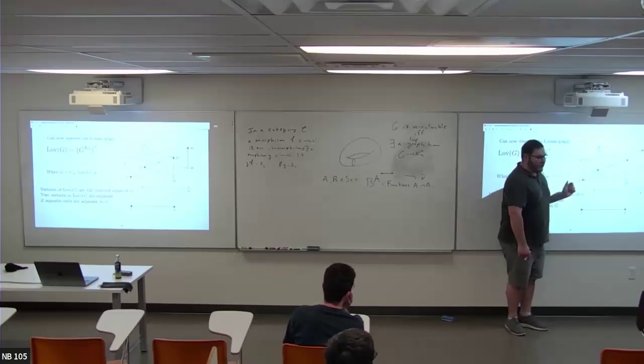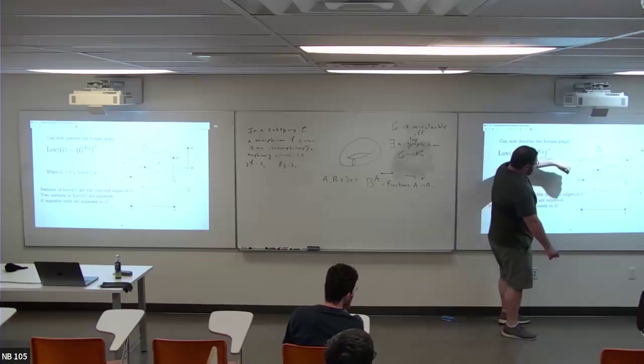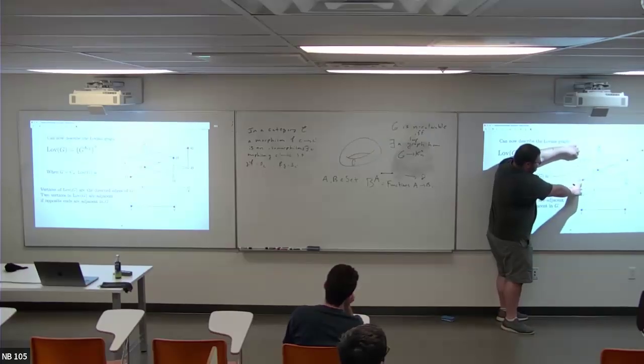Now, when are these things adjacent? They're adjacent if, when I look at the opposite vertex, they're adjacent. So 1, 3 is adjacent to 1, 2, because 3 is adjacent to 1, and 1 is adjacent to 2.